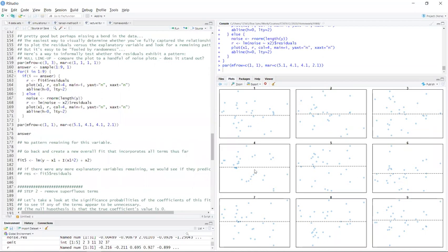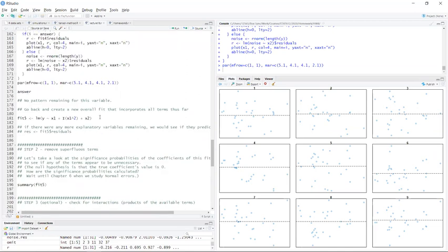None of these stands out in particular, and therefore I'm satisfied with the line as a reasonable fit for the relationship between the residuals and x2. So all right, I've got a linear function of x2, or let's say an affine function of x2, that I want to bring into the overall fit.